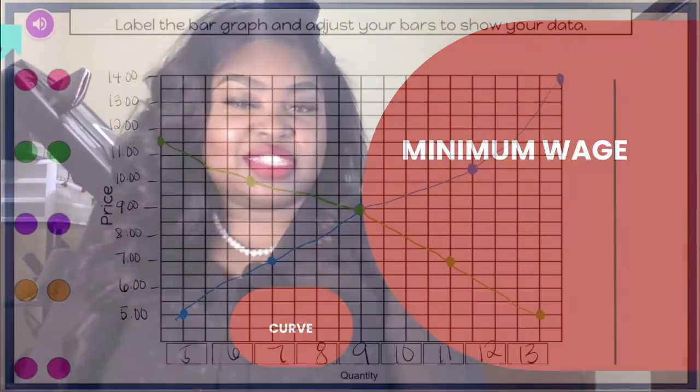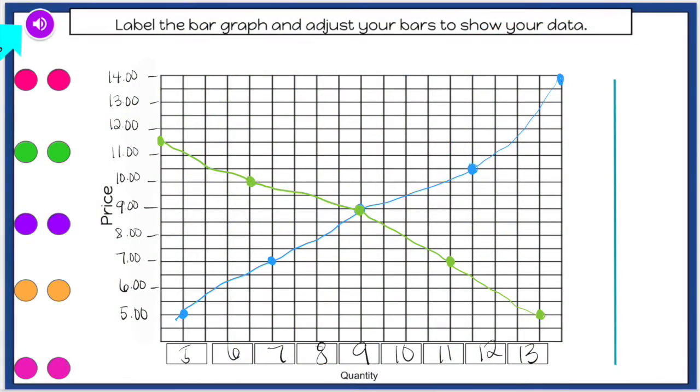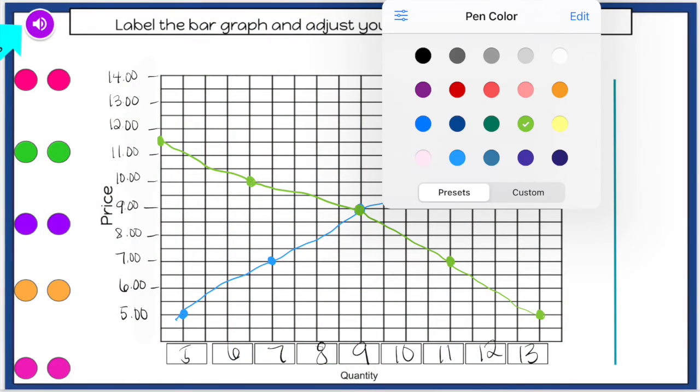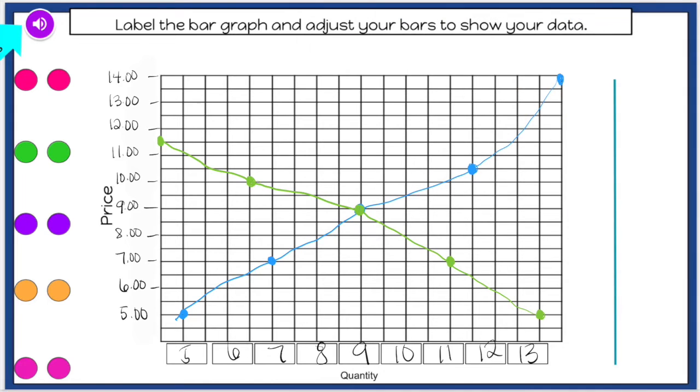So let's take a look at this curve. Okay, so this time I'm going to show you a price floor for a minimum wage. Remember, a price floor is where the government sets a minimum, in terms of this is the least you can pay someone.